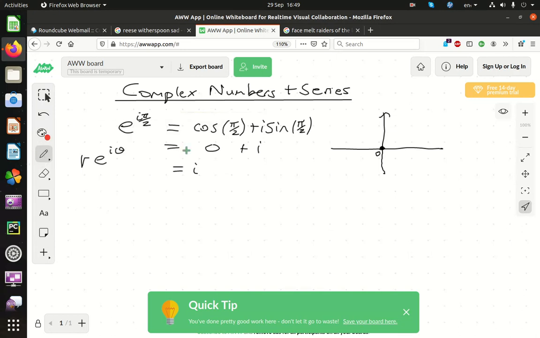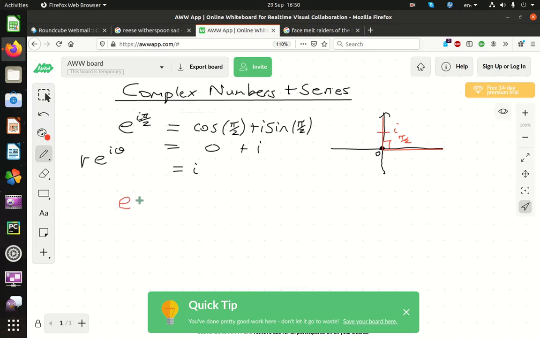The positive x-axis is obviously along that bit. We need to turn pi over 2, which is 90 degrees, and we're 1 away from the origin. That means we're definitely going to be i up along the imaginary axis, because pi over 2 is a right angle. Do you see what I'm saying? It's about how far you turn.